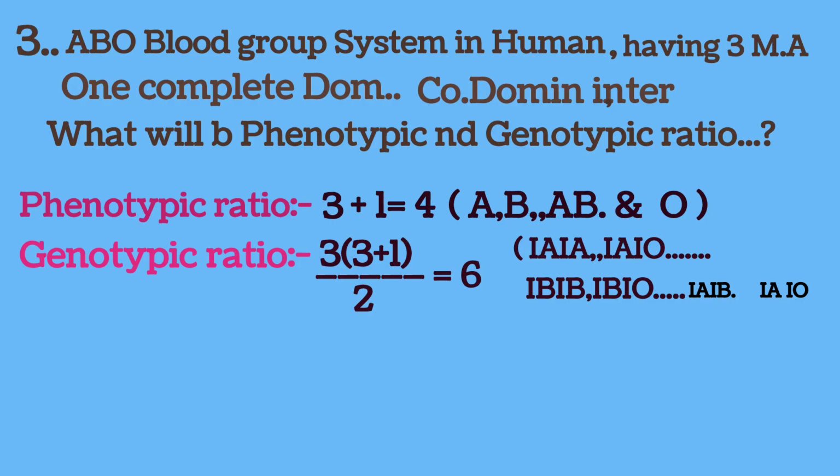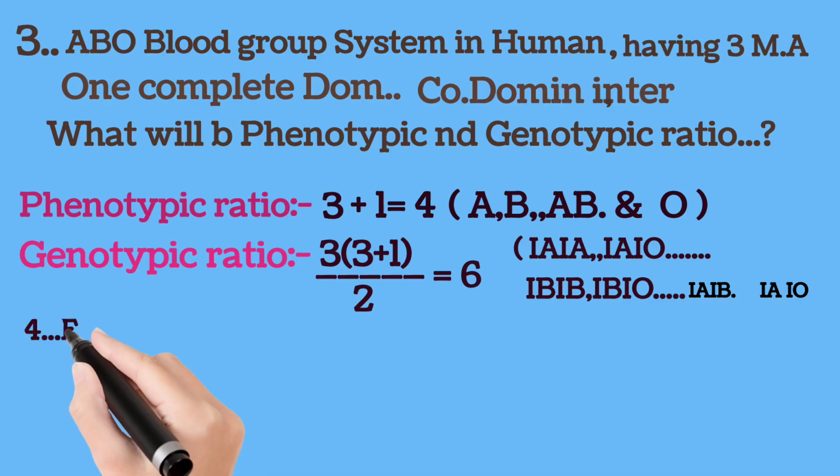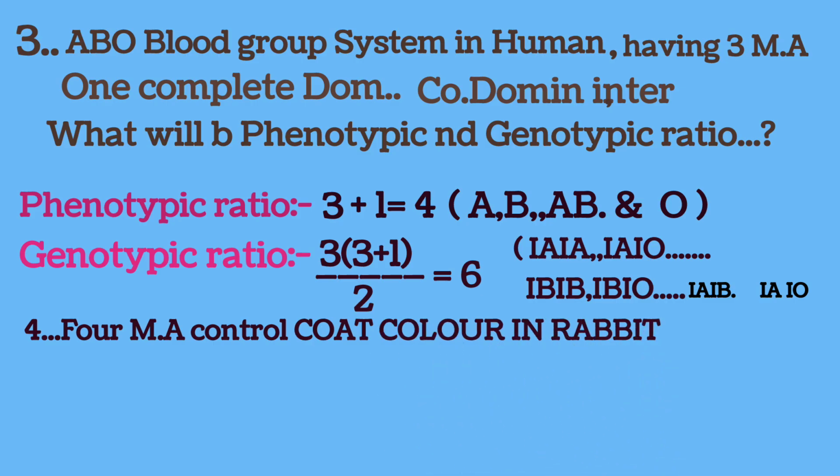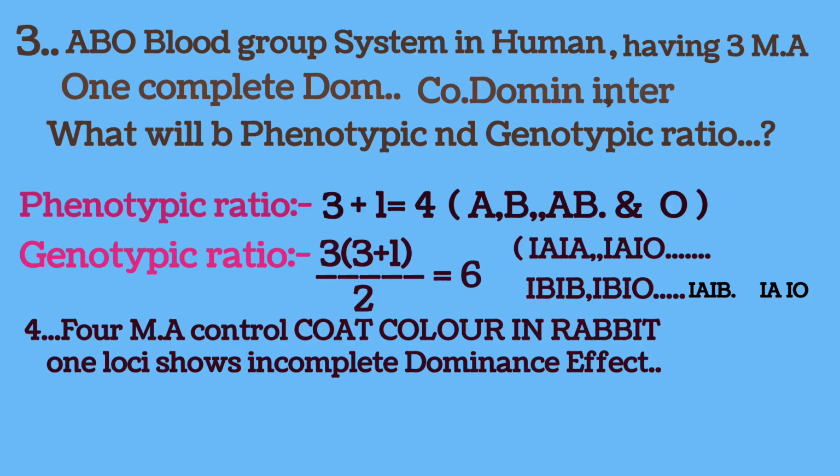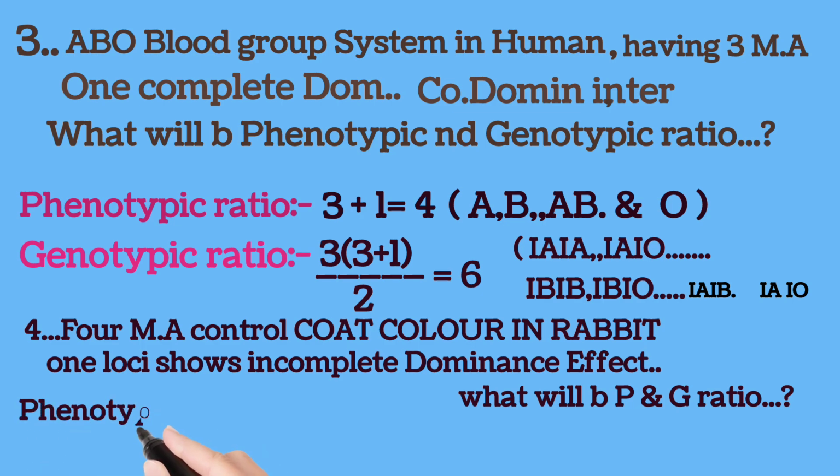Now, the last example to discuss is coat color in rabbit. It is controlled by 4 multiple alleles. Among these alleles, one allele pair shows incomplete dominance. We have to calculate the phenotypic and genotypic ratio. Here in this case, one gene interaction is present in the form of incomplete dominance. So to calculate the phenotypic ratio we can use the second formula, N plus total gene interactions.